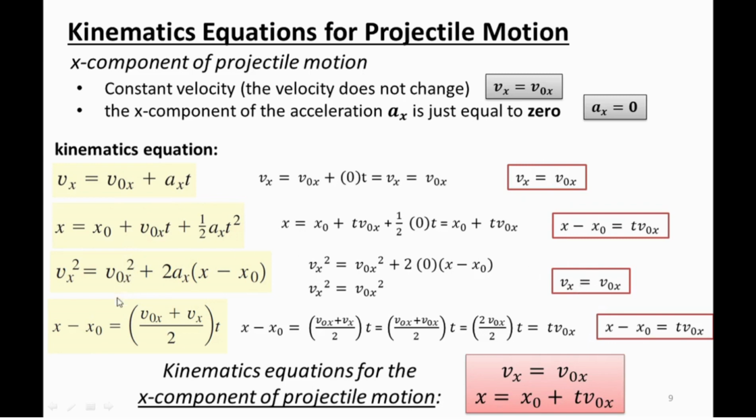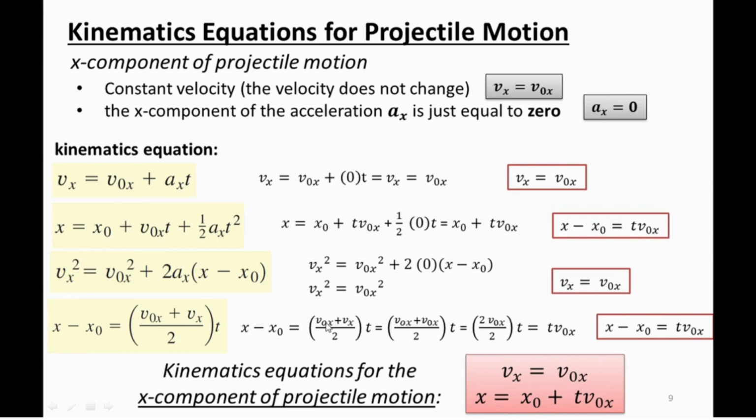And then lastly, we have the fourth equation. Take note that in our first and third equations, we know already that the final x velocity is just equal to the initial x velocity, which means that these two here are just equal. So if we add this and this, we will get 2 times the initial velocity, or we can also say 2 times the final velocity, because again, the final velocity is just equal to the initial velocity.